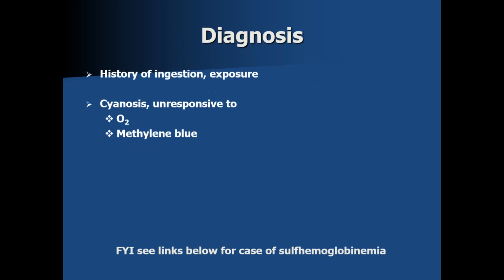So the diagnosis of sulfhemoglobinemia is usually made on the basis of a history of ingestion or exposure or chronic constipation, as well as cyanosis that is unresponsive to oxygen and also unresponsive to treatment with methylene blue, which would reverse methemoglobinemia. There is a link at the bottom of this page that will take you to a very interesting case of sulfhemoglobinemia.